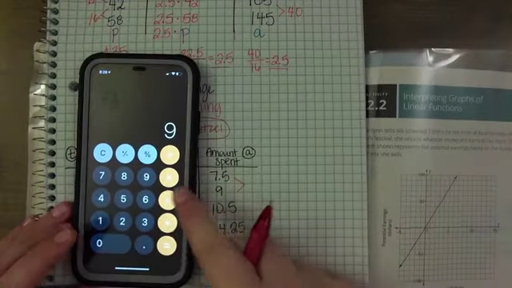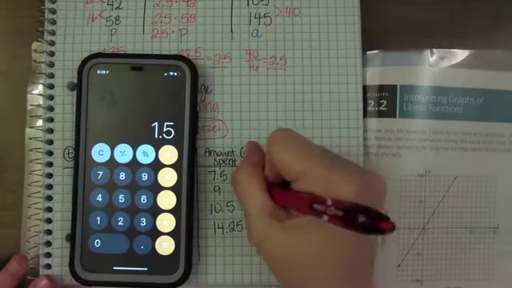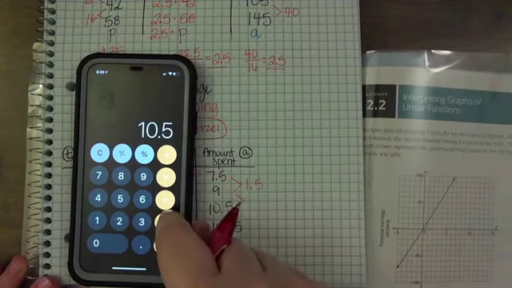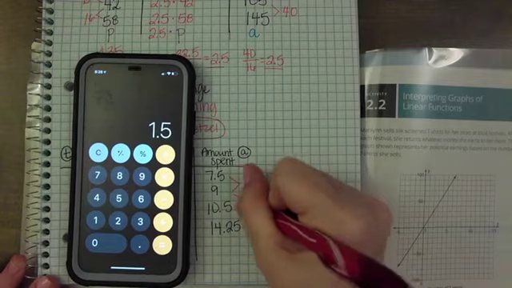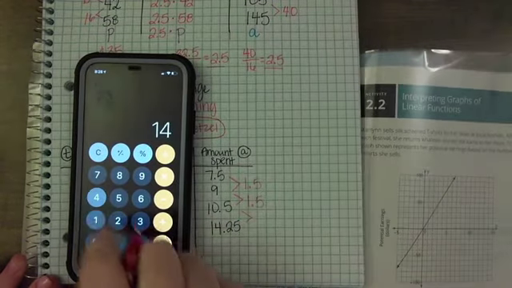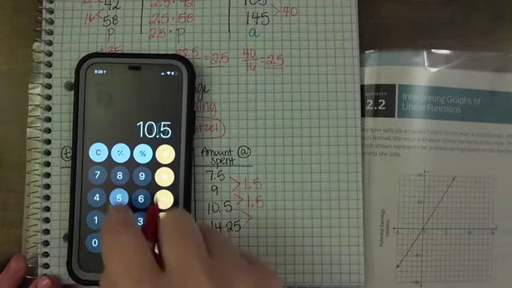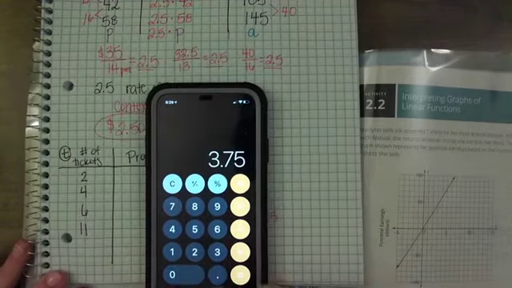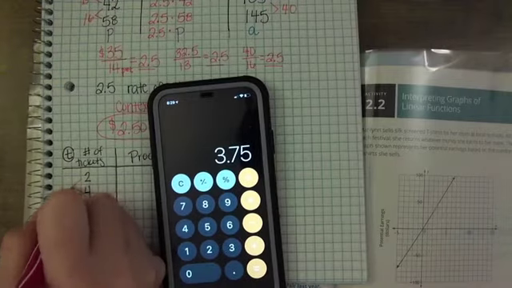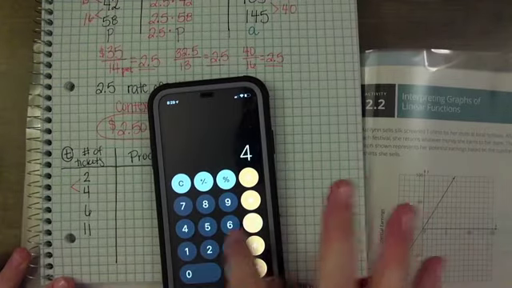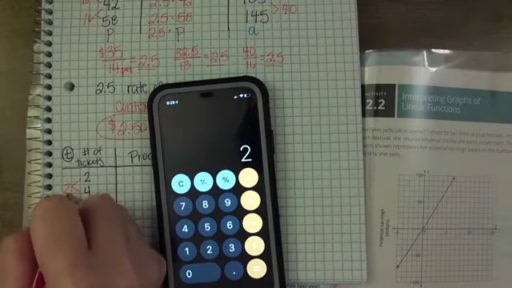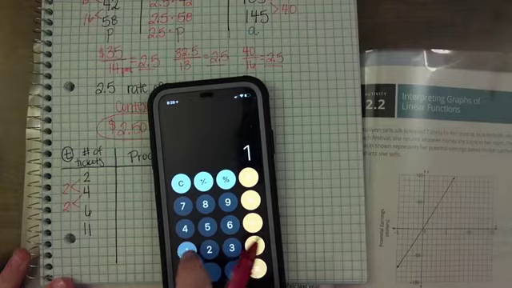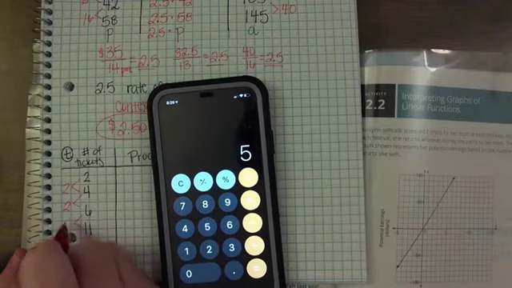So 9 minus 7.5 is 1.5. 10.5 minus 9 is 1.5. 14.25 minus 10.5 is 3.75. 2 to 4, so 4 minus 2, of course, is 2. 4 plus 2 is 6. Then let's do 11 minus 6 is 5.